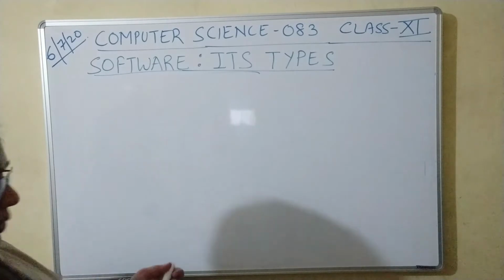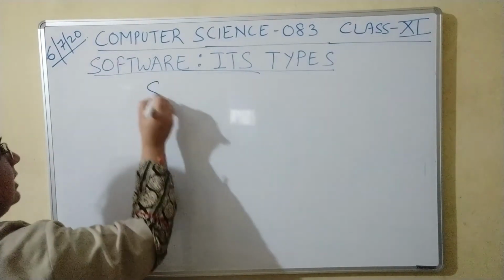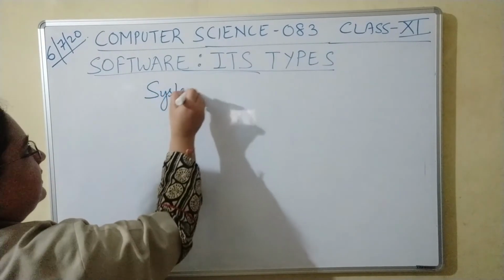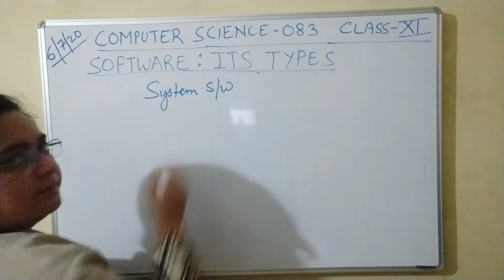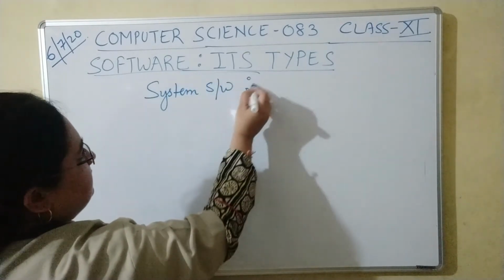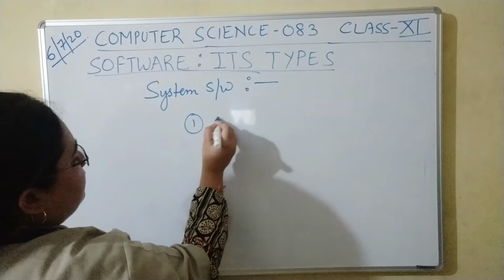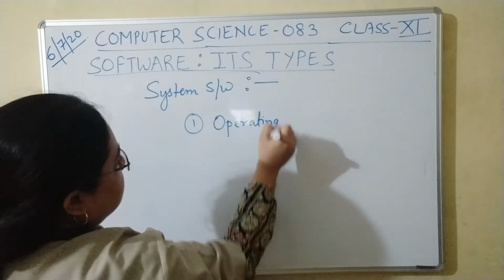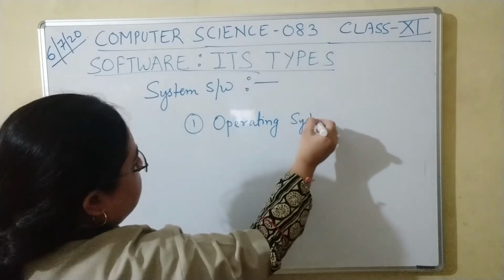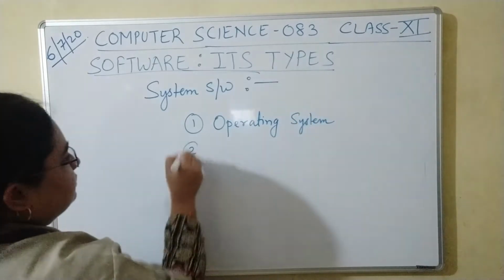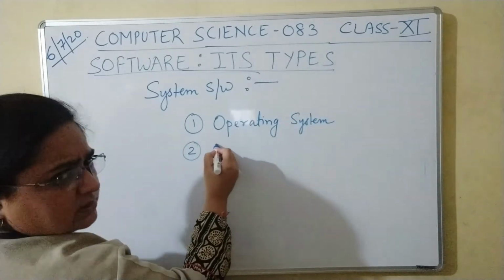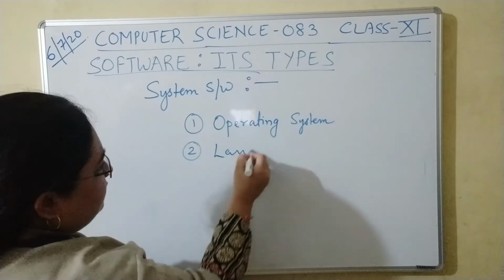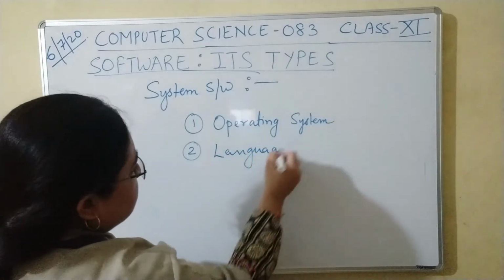When we talk about system software, we come across several things. Number one, you have your operating system. Number two, you have language processors.